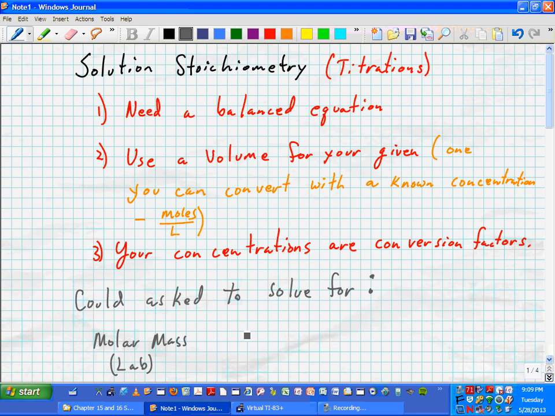You could be asked to solve for a concentration, or an unknown concentration. Keep in mind that would be in moles per liter. Or you could be asked to solve for a volume.